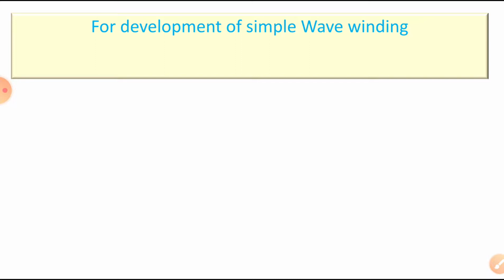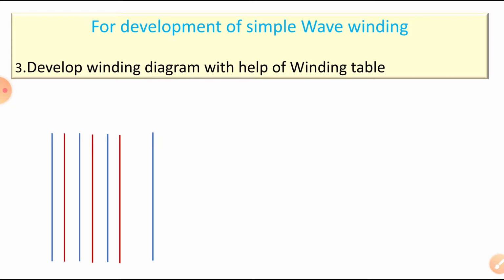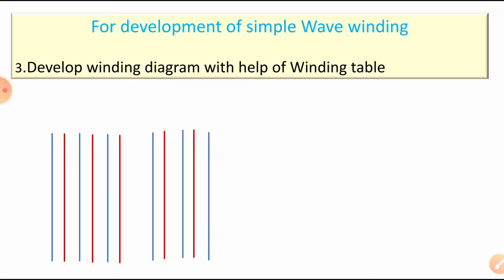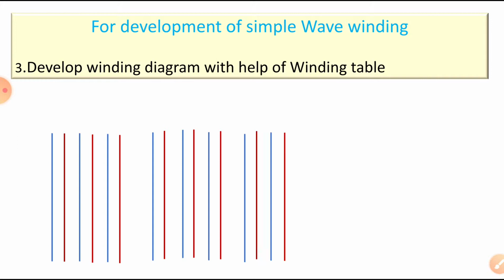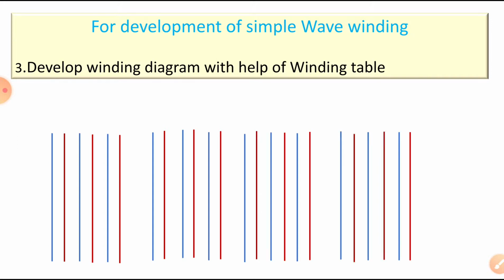For the development of the simple wave winding, the third and final step is to develop the winding diagram with the help of the winding table, as we have just seen. For this purpose, what to do? As usual, we draw solid lines of equal length and equal distance, equal to the number of slots given in the data.